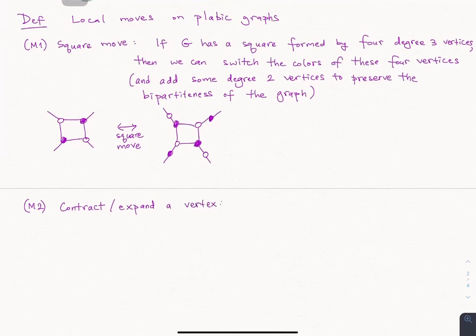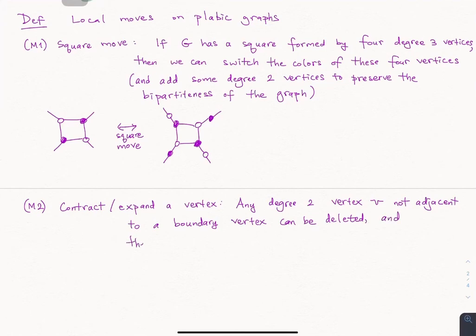Any degree 2 vertex V not adjacent to a boundary vertex can be deleted, and the two vertices adjacent to V merge into one vertex.